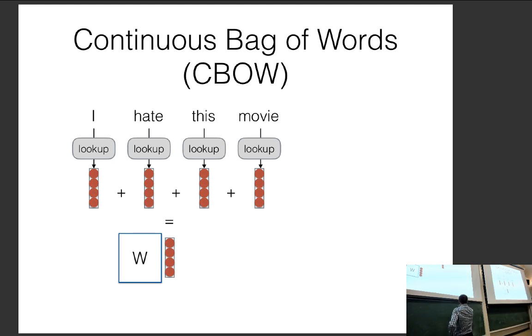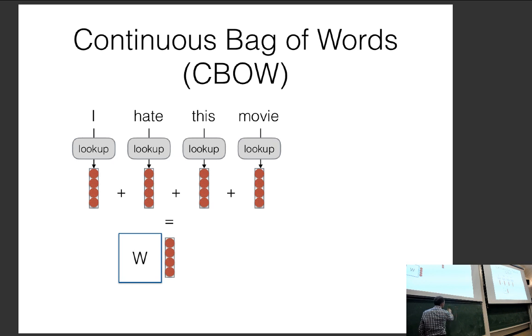So we have our embedding vector, I'll call it H, and we have a weight matrix, which the number of columns is equal to the size of H. The number of rows is equal to the number of scores we have.